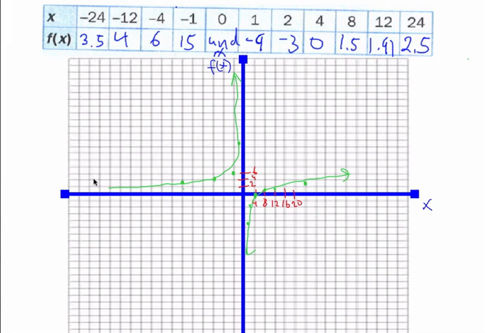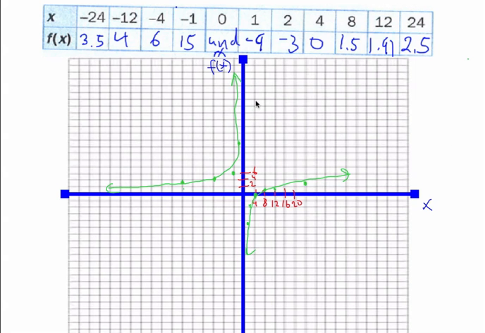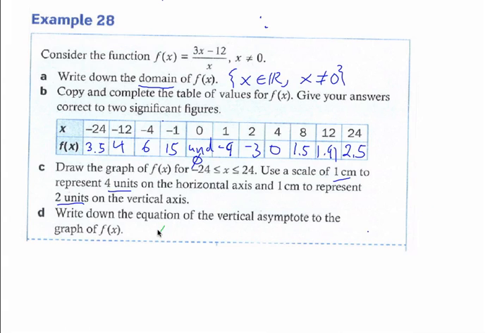And we've got the asymptote in the middle here. Okay, so that's the graph. And write down the equation of the vertical asymptote. Well, that is right there at x equals 0, the equation of that vertical line. So x equals 0 is the equation of that asymptote.